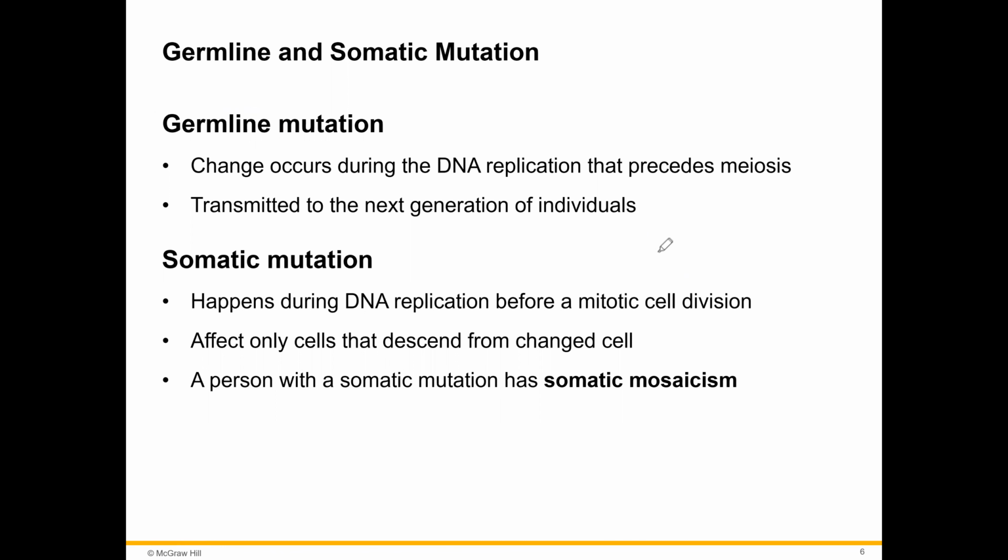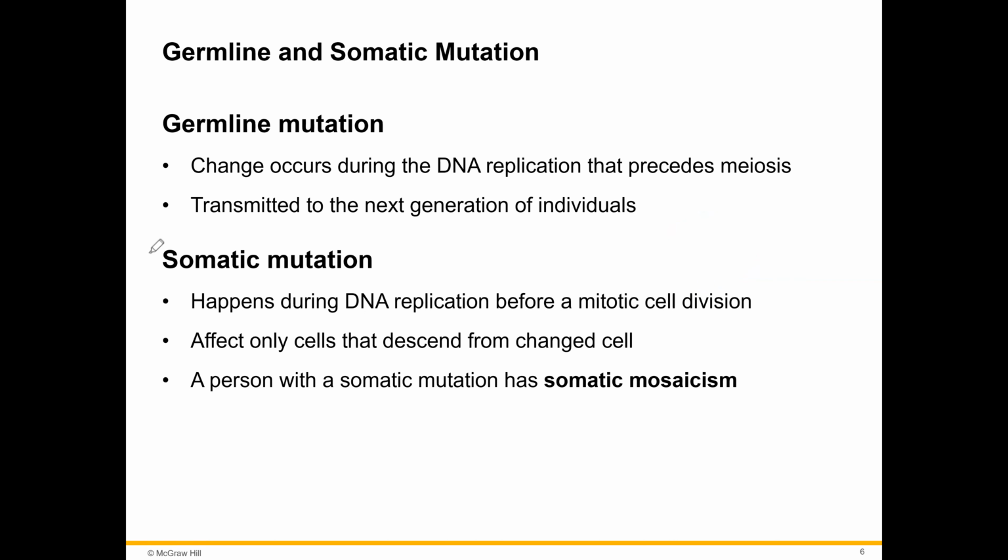Because we start as egg and sperm, and then one cell called a zygote. If this zygote has a mutation that was carried by the egg or sperm, then the entire organism will inherit this mutation. So every single cell will have this mutation. This is germline mutation.